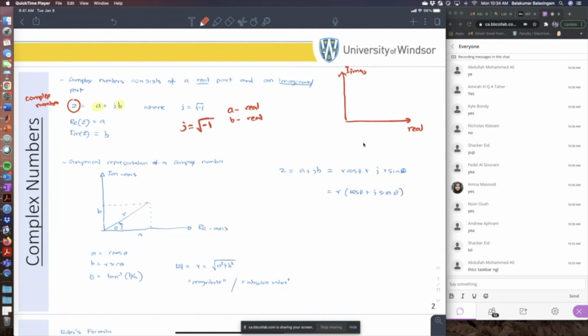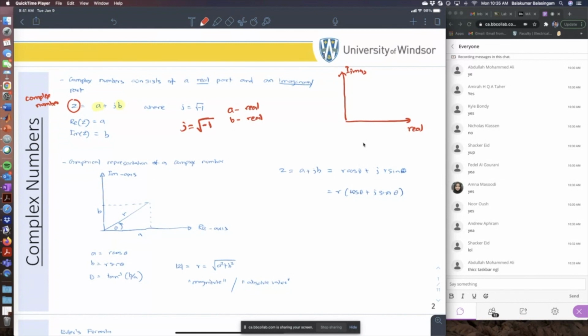But we use this, that's why it is imaginary. It is not real. It is imagined, but using the imagination, we can model a lot of signals, and it is very useful, as you will realize throughout this course and even later.